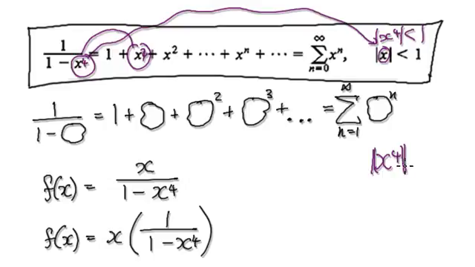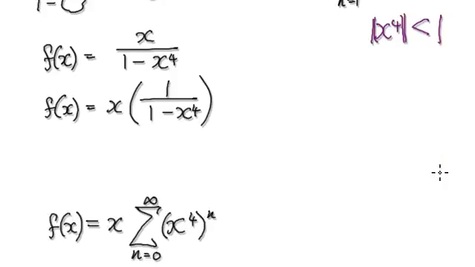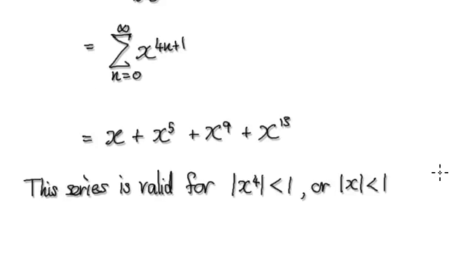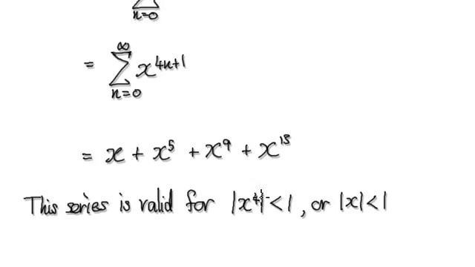So we require the absolute value of x to the power 4 to be less than 1. So for convergence, we require x to the power 4 to be strictly less than 1, which you can translate as the absolute value of x being less than 1.